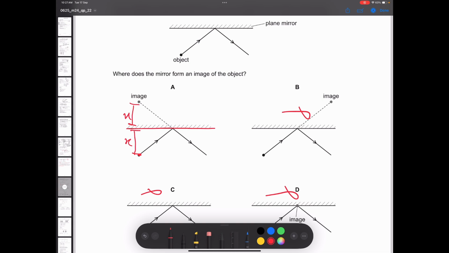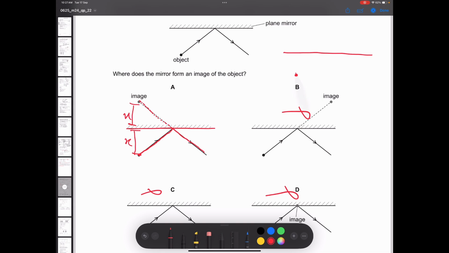These questions are also done like this: you draw the incident ray, you draw the reflected ray, then you trace the reflected ray backwards to get the image. There have also been questions like this where you have to draw in paper 4. Let's say this is the object and they ask you to draw the diagram where the image will be formed.